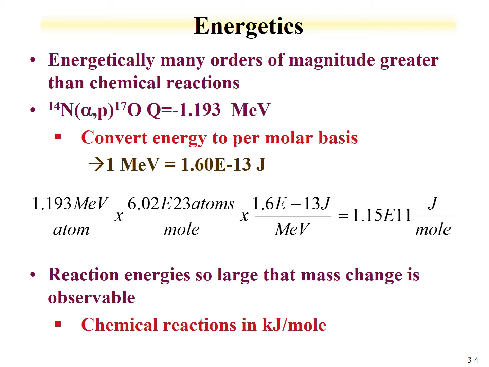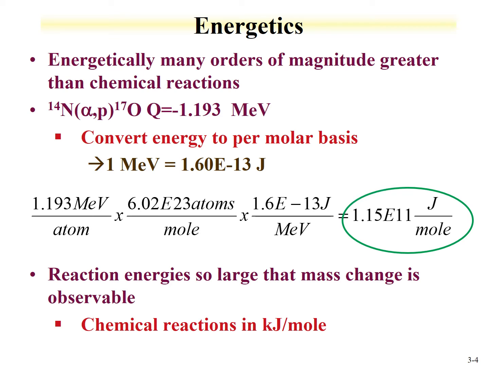To describe this sort of reaction, we can talk about it on a per molar basis so we can compare it with a chemical reaction. We use a conversion of 1 MeV equal to 1.6 times 10 to the minus 13 joules. Converting our reaction from MeV per atom into joules per mole, we see that it comes out on the order of 1 times 10 to the 11th joules per mole.